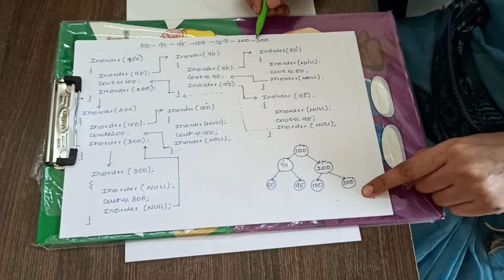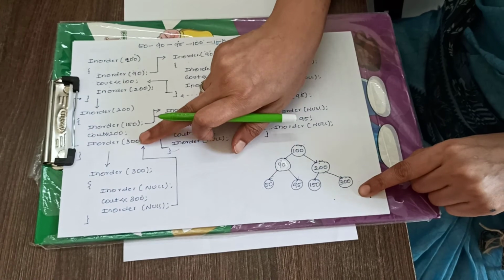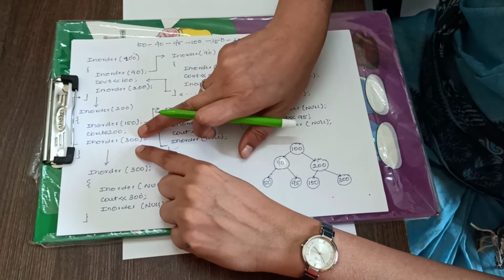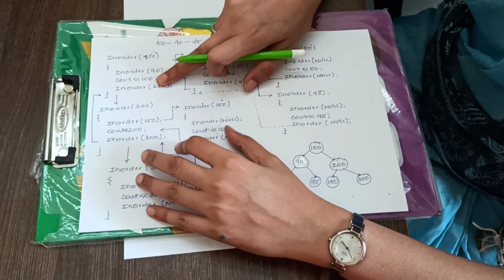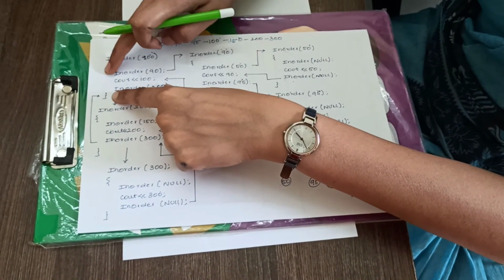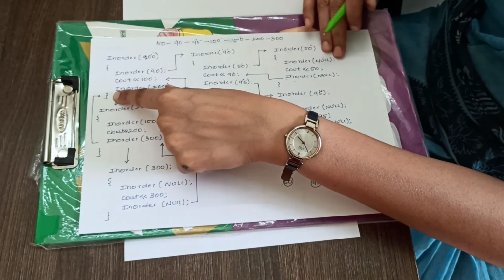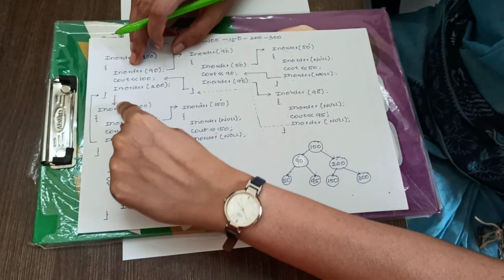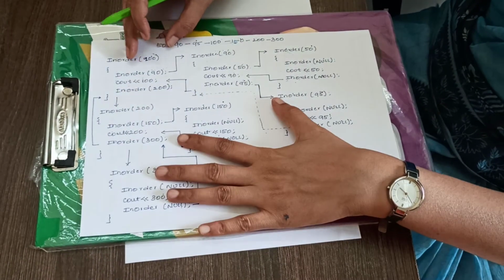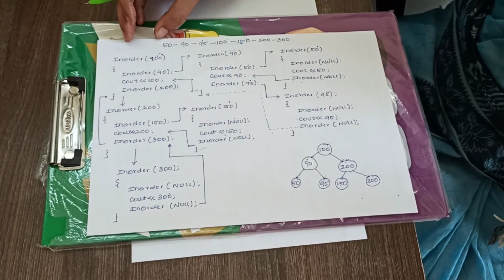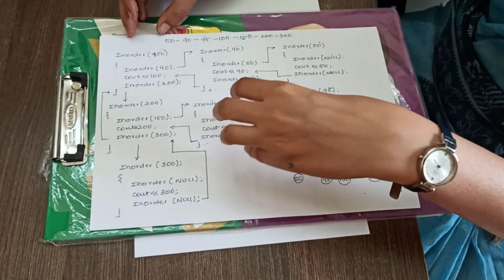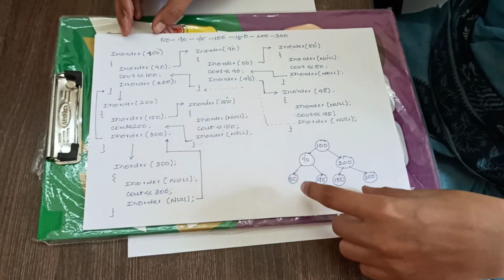After displaying it, the control is given back to the previous function, and then to the first function. So this is how the Inorder function calls itself recursively twice to process the Inorder tree traversal for the tree.